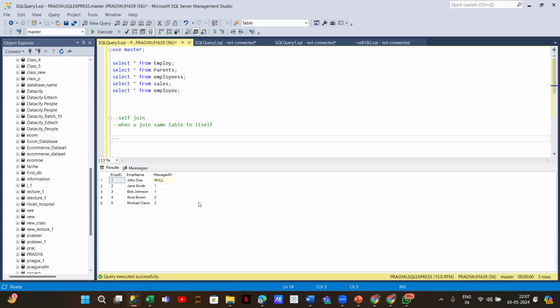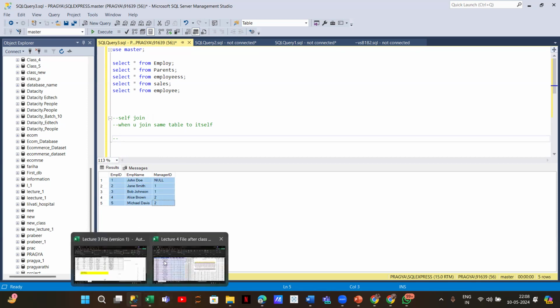So here you can see my employee table. Can you see this? Here, I just copy it into my Excel sheet.